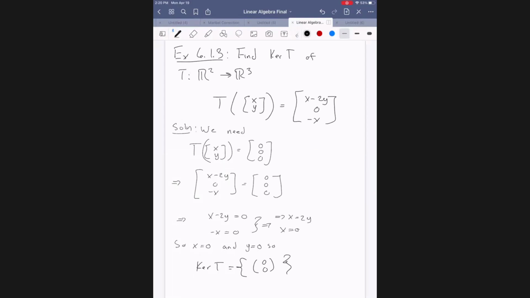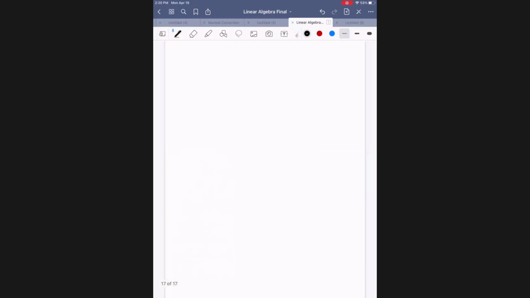All right, so now we know more concretely what the kernel of a transformation is. So now we're going to state a theorem that is going to be useful, right? It turns out that the kernel is actually a subspace, right? So theorem 6.1.1.